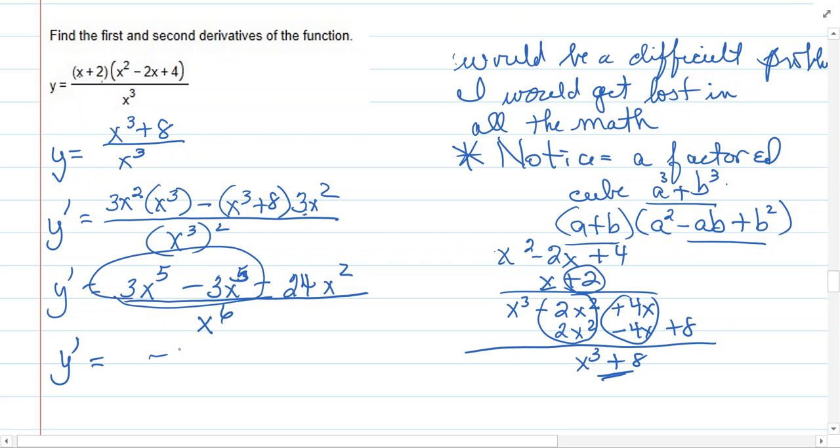So I have a negative 24 x squared over x to the 6. As we do that, I'm going to reduce it and get negative 24 over x to the 4th. And there you have it.